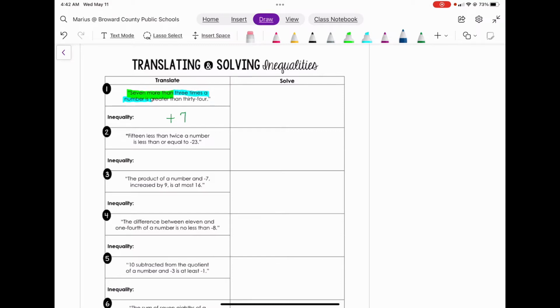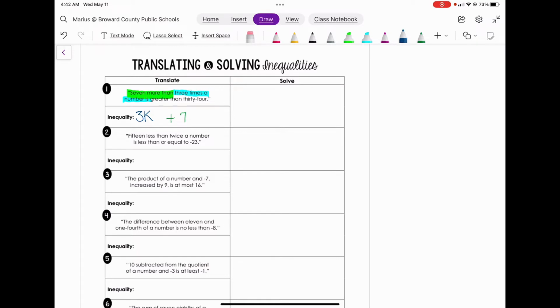Usually, most of the time we use X. But if you want to use the letter of your first initial or your last initial as your variable, you can. So for me, I'm going to use K because my last name starts with K. So I'm going to put 3K, which is the same thing as 3 times K.